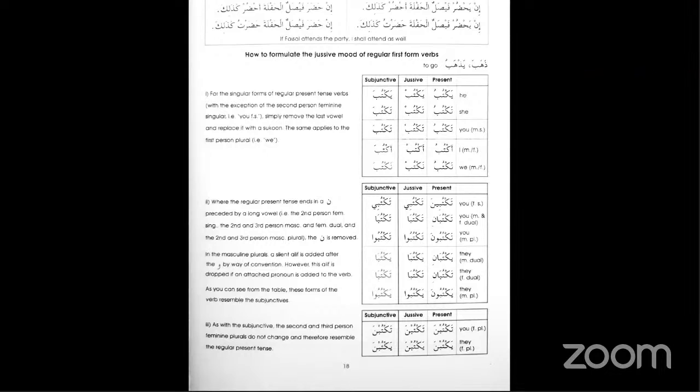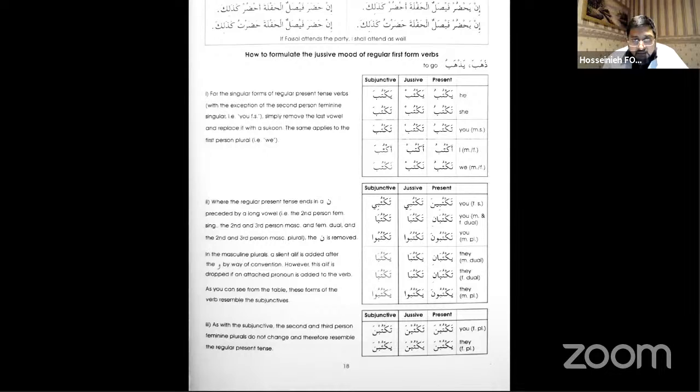So the subjunctive and the jussive case in the dual and the plurals follow the same rule. It's only in the singulars that yaktuba gets a fatha, whereas in lam yaktub, it gets a sukoon.